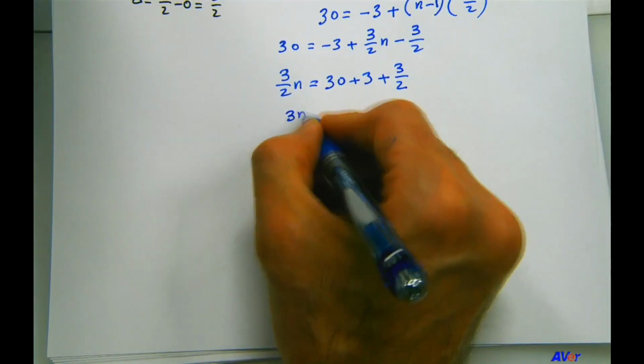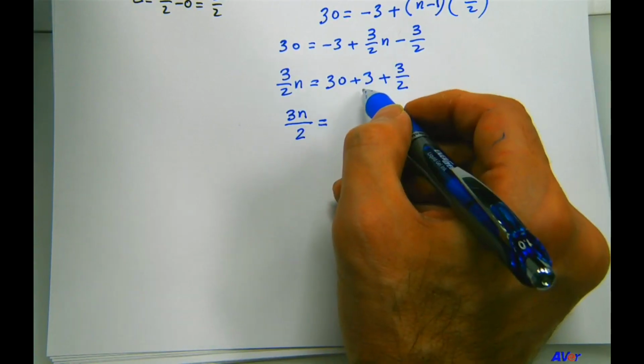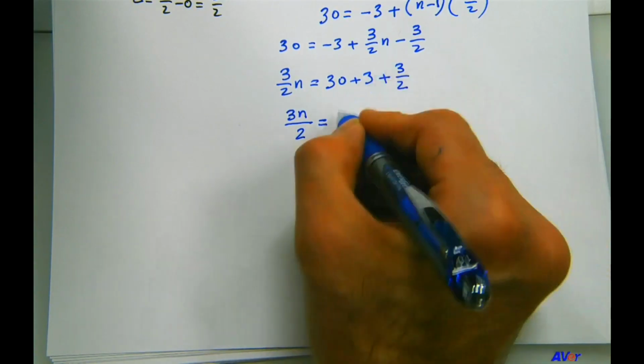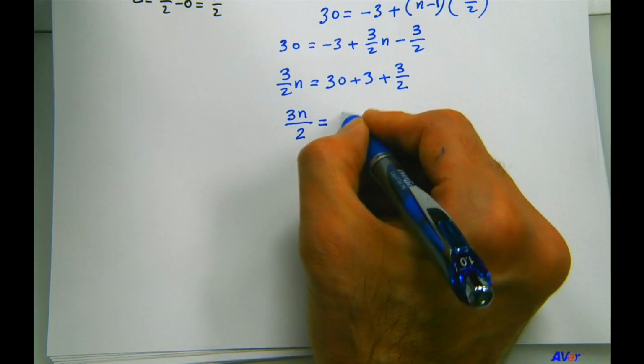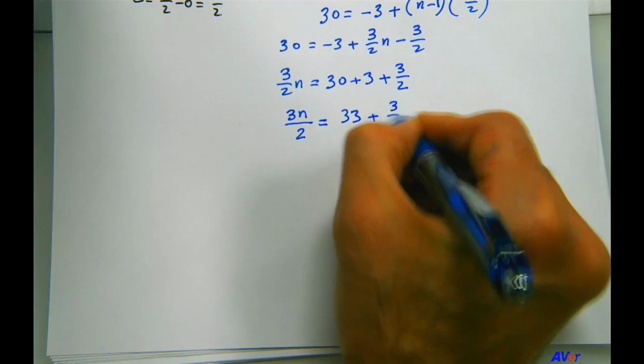We have 3n over 2 equals, so this is 33, so this is 33 plus 3/2.